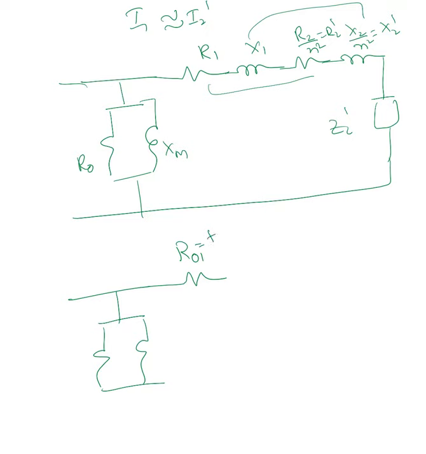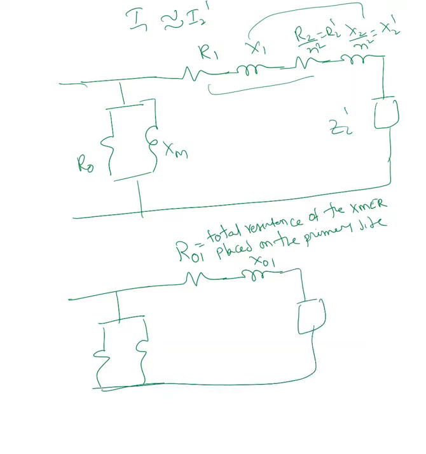This is the total resistance of the transformer placed on the primary side. And X01 is the total reactance of the transformer placed on the primary side.